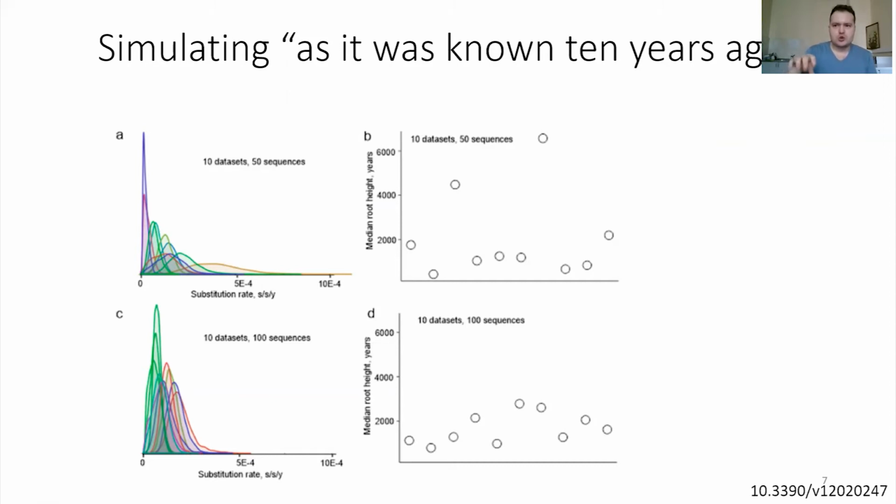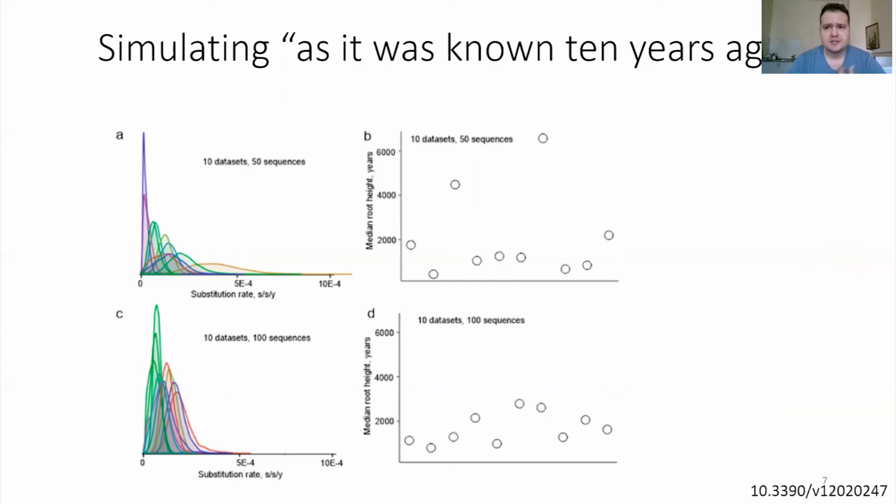They were chosen randomly: there were 10 data sets with 50 sequences and 10 data sets with 100 sequences, randomly chosen from these 800 sequences. When we use a data set consisting of just 50 sequences, the substitution rates are very different.